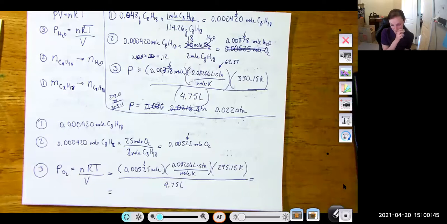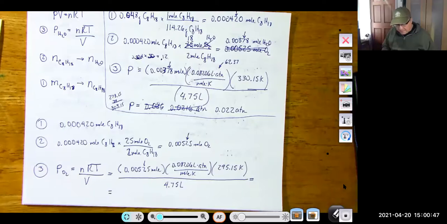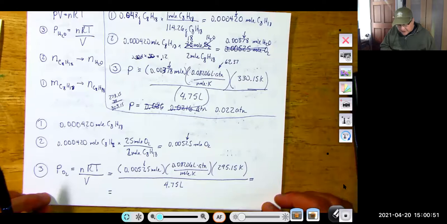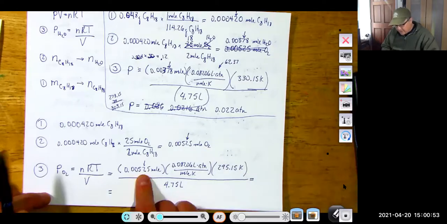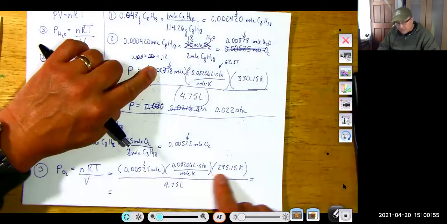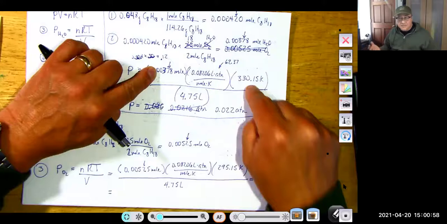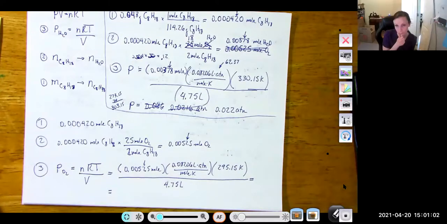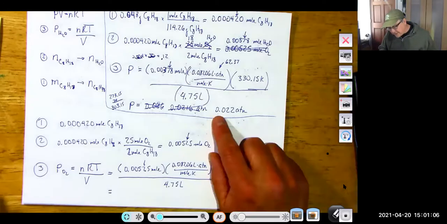Yeah. Okay, but my estimate would be that maybe this is a little bit bigger than that compared to this being a little bit smaller than that. So my guess is a little bit bigger than 0.022.